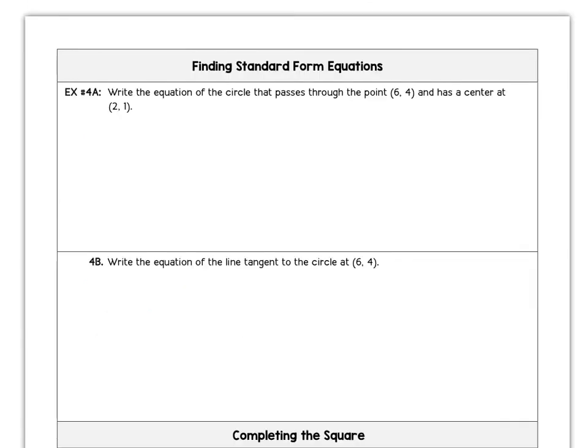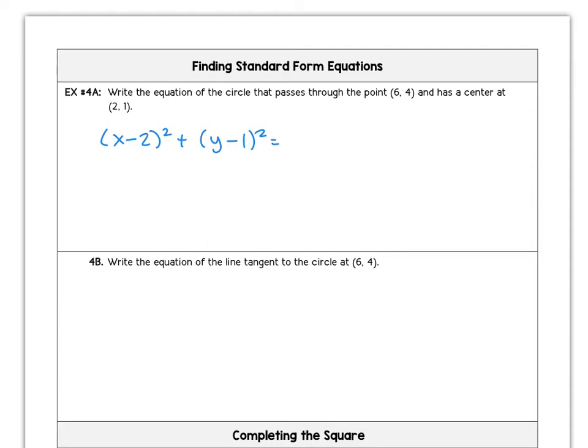Okay, so example 4a says write the equation of the circle that passes through the point and has the center at 2, 1. Well, that's pretty straightforward because we have a center. So I know I've got x minus 2 squared plus y minus 1 squared. But the thing is, I don't know the r, the radius.